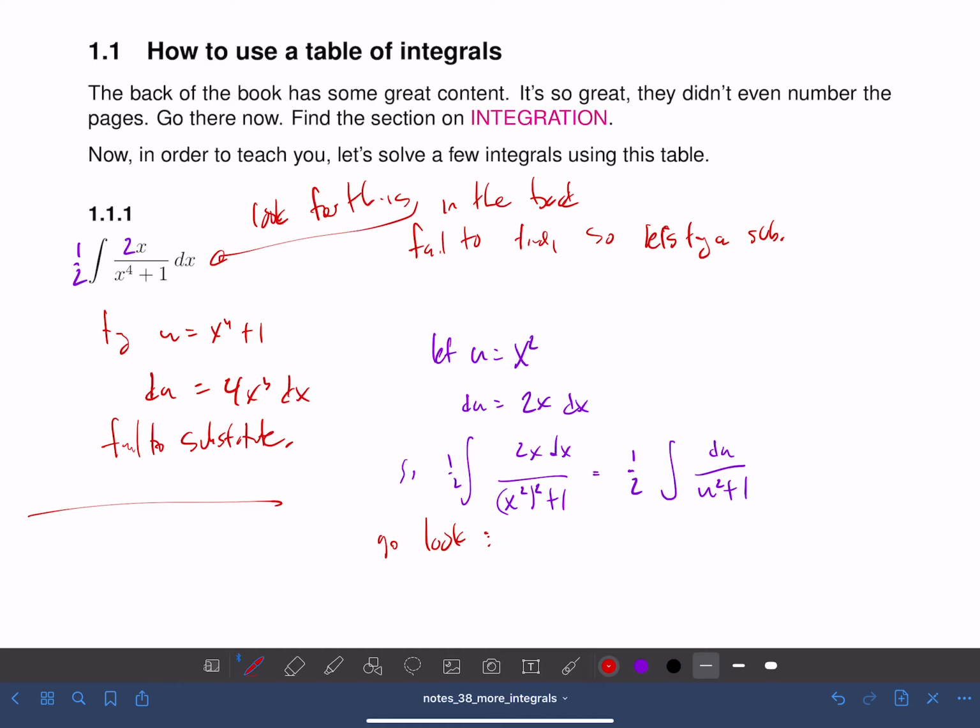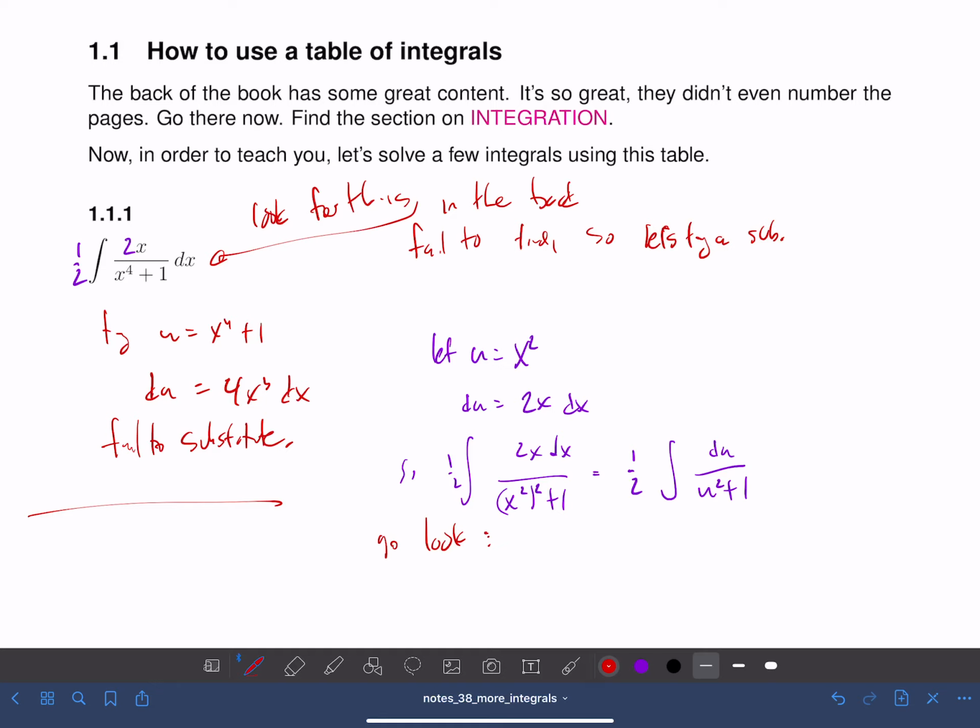I'm looking essentially for du over u squared plus 1. Let's see here. I see u squared plus 1. Where is this one at? Ooh, I see it. I see one.